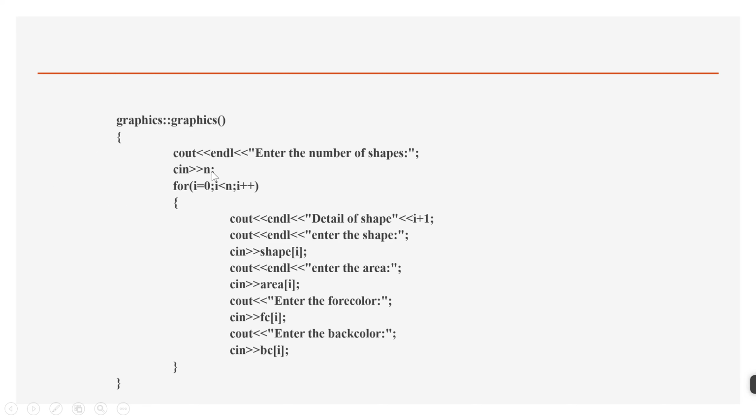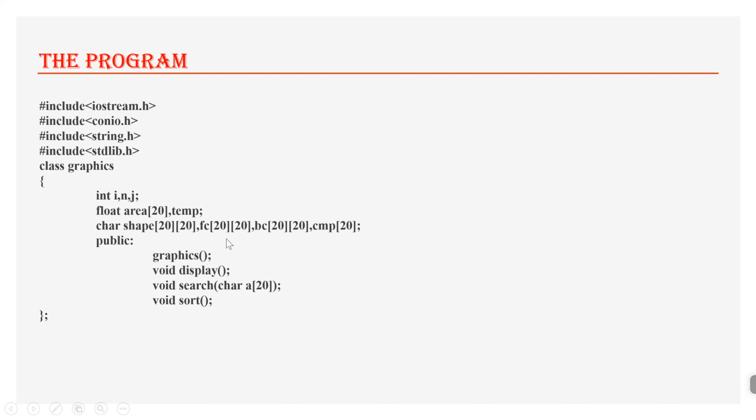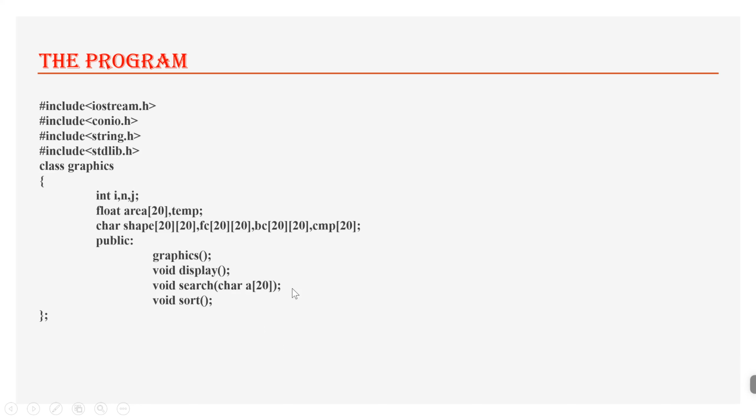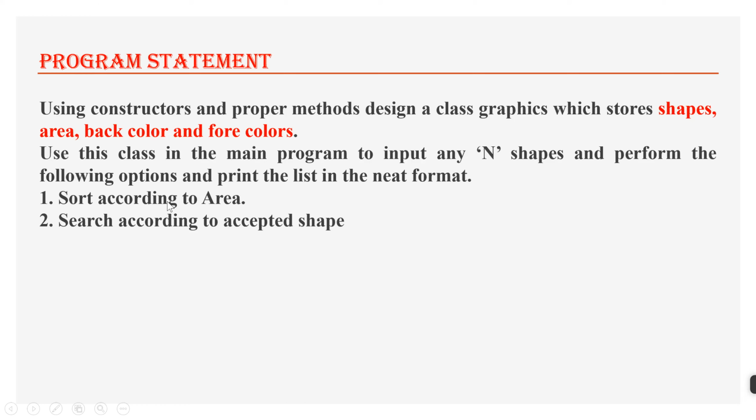Now I'm reading say five shapes. Then all the five shapes' details I'm entering. Enter the shape: shape of i. Shape of i means I'm reading a string. Then enter the area: area of i.